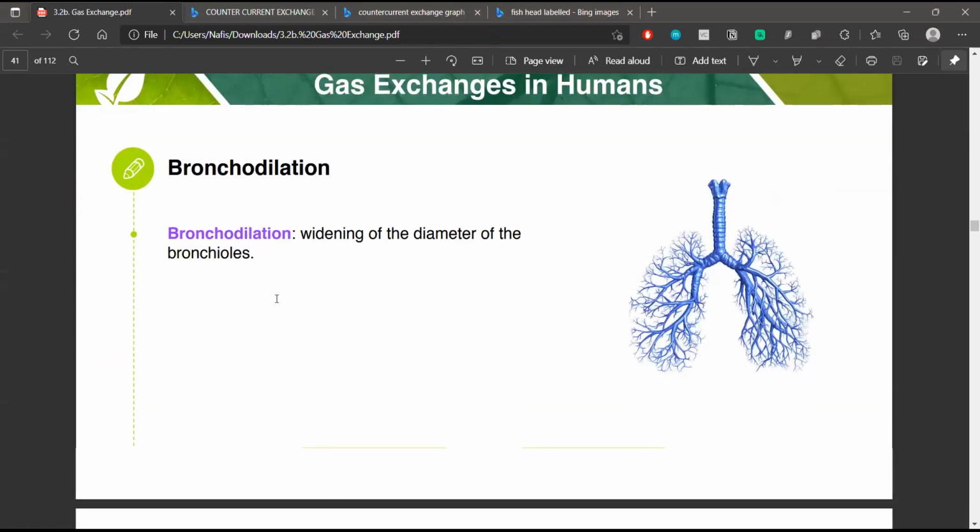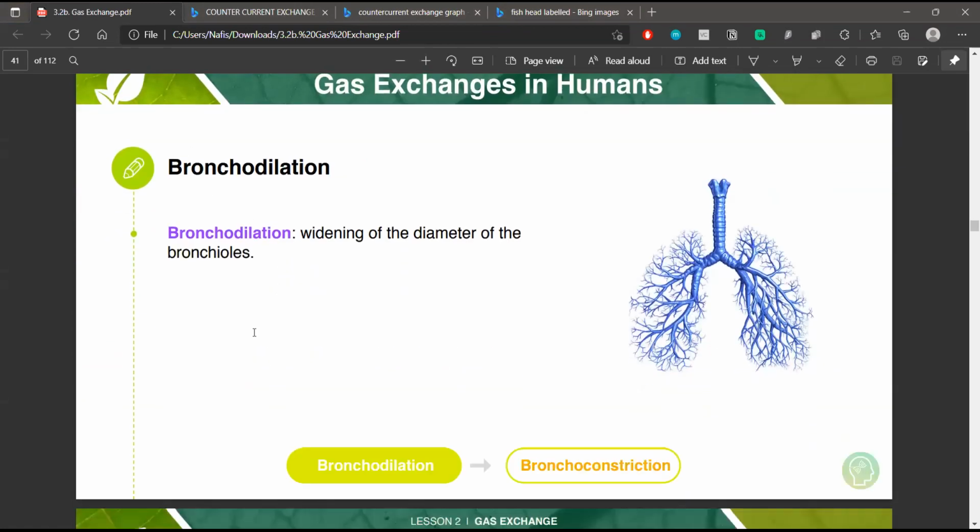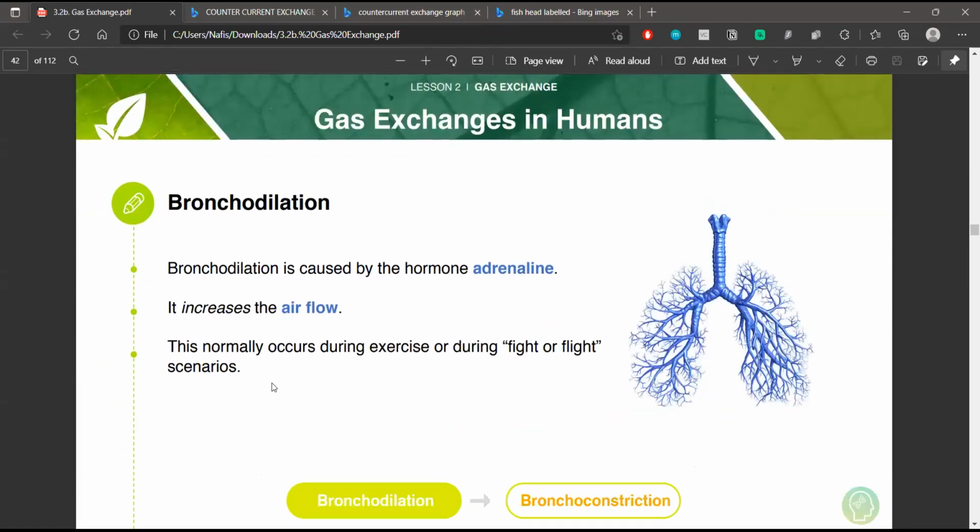So bronchodilation is the widening of the diameter, and it's caused by the hormone adrenaline, which helps increase airflow.